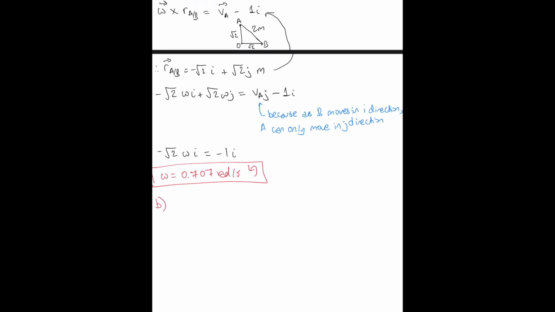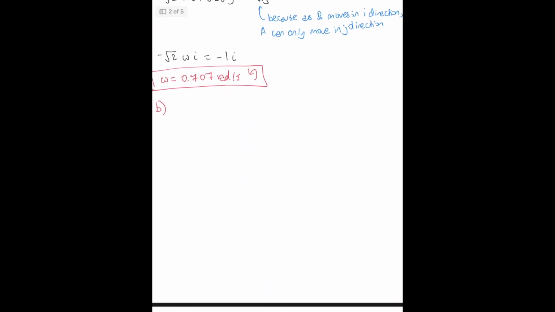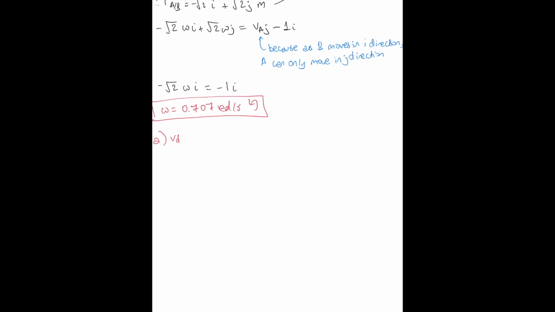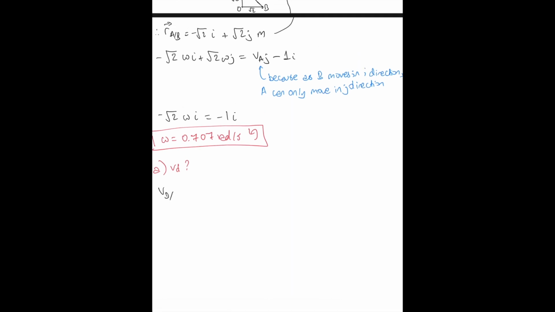And now for part B, or actually for part A, we want to find the velocity of point D. So for VD, we're going to do the same thing. We're going to find the velocity of D with respect to B, which is VD minus VB.